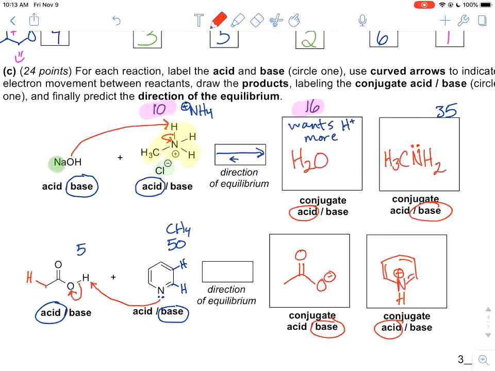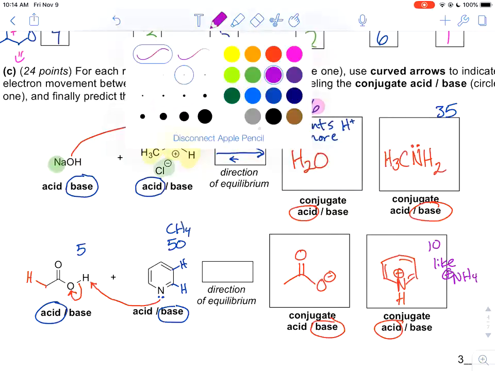We have some pKa labels to add. We want to add that this has a pKa of about 10 because it's like NH4 plus or ammonium, and you can identify that because the nitrogen has a positive charge and it has 4 bonds, including one to a hydrogen. So the 2 acids that we're comparing are the ones on either side of the equation.